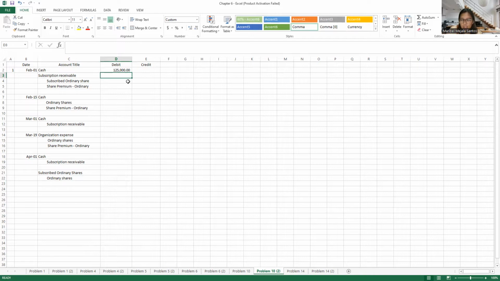At ang subscription receivable ay 25,000 shares multiplied by 15 times 2/3. Diba? 2/3 yung receivable. 1/3 na cash, na-receive ng cash. So for a total of 375,000. If you can compute, pagka kinalculate nyo yan, 25,000 times 15 pesos per share, that's 375.